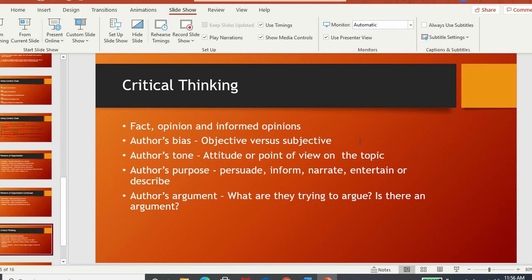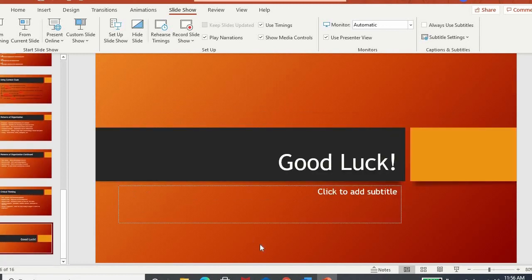Are they showing if they like or dislike something? Their tone, their attitude toward a topic, their purpose, what are they trying to do? Are they trying to convince you of something, give you information, tell you a story, entertain you, or really describe? And then their argument, are they trying to argue something? If so, what are they trying to argue? What's their point?